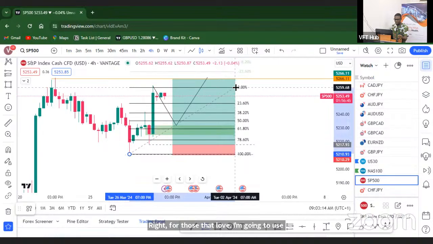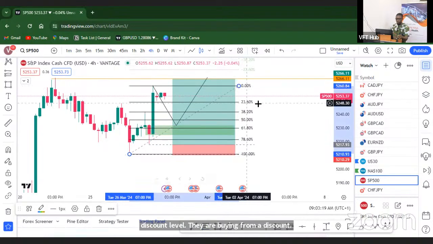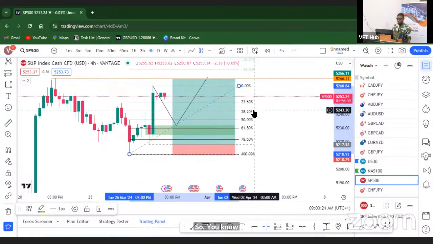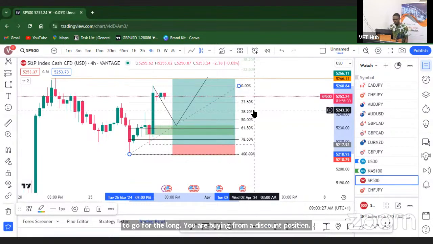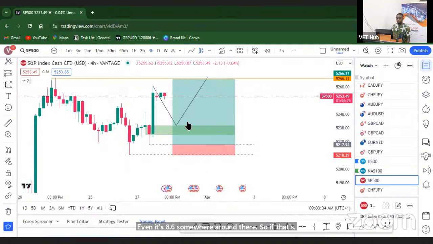You're buying from a discount. That will give you a level of confidence again to go for the long, you're buying from a discount position, even 88.6, somewhere around there. So if that holds true, then we want to ride this setup to the upside, right?